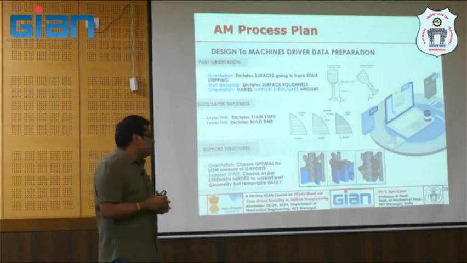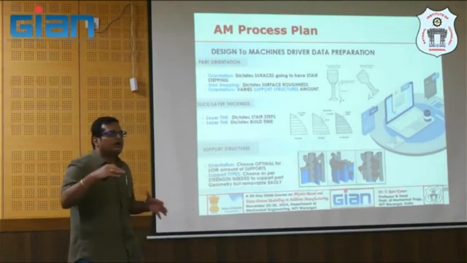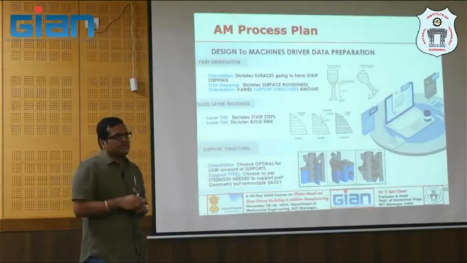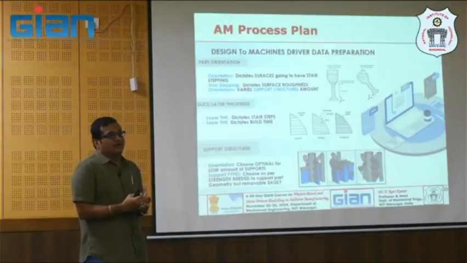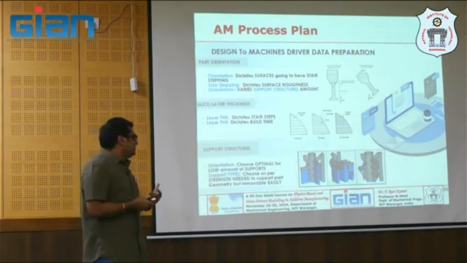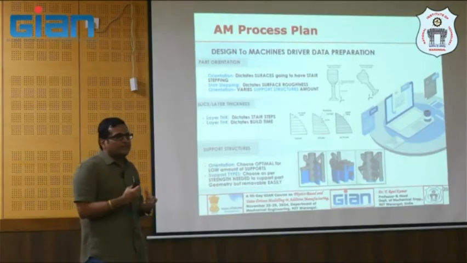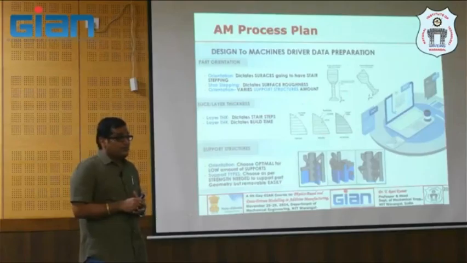Sometimes they may even be useful for reducing your warpage or the residual stresses that have built up in a particular layer. So, of course, we need to optimize the support structure.